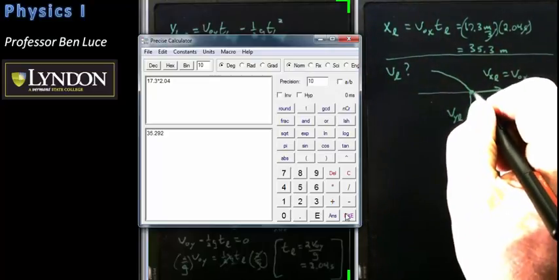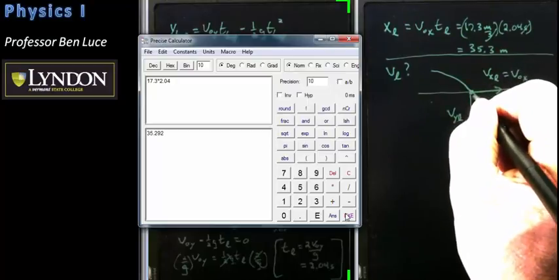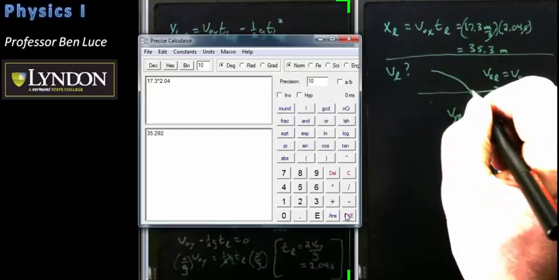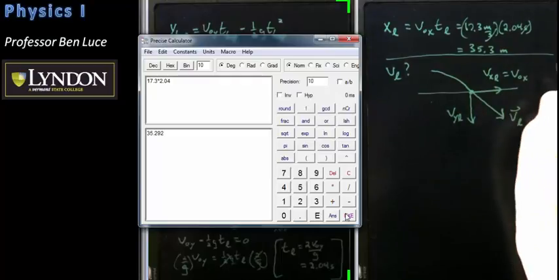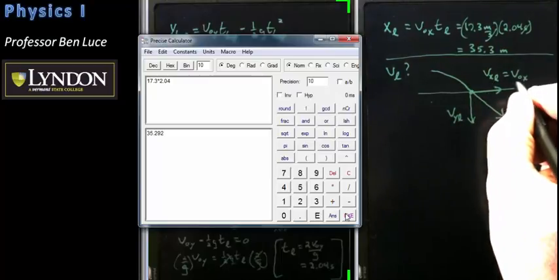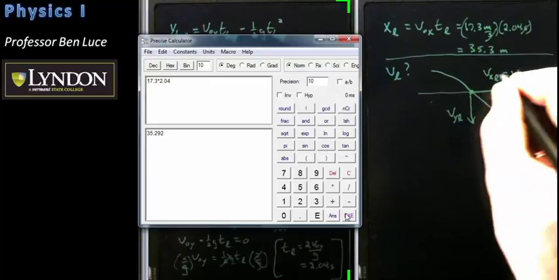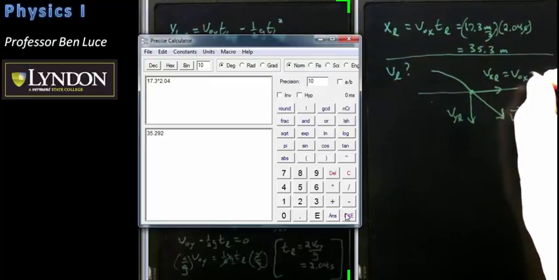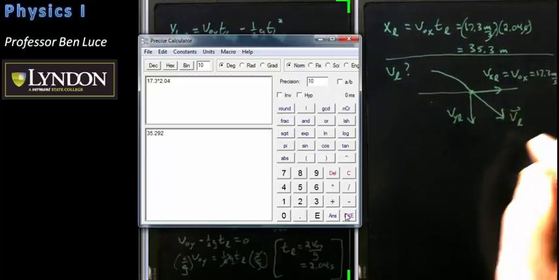It doesn't take into account, for example, if the projectile hits something when it hits the ground. It's just how it is moving just as it hits the ground. So this is still true, that the x component of v will equal v naught x. So we're okay with that, and we know that is 17.3 meters per second.